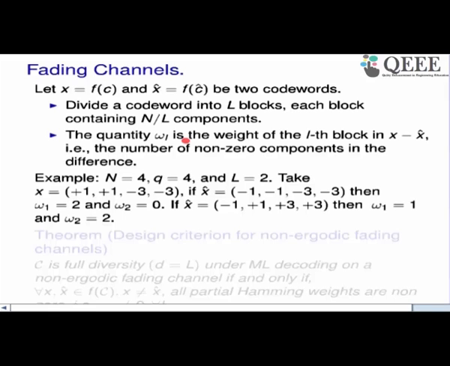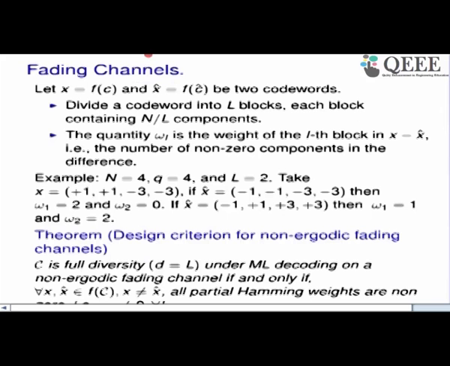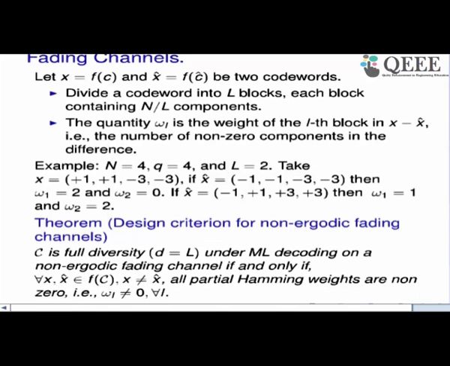With these 2 variations, we now have the design criteria for a non-ergodic fading channel. C has full diversity under ML decoding on a non-ergodic fading channel if and only if all partial Hamming weights are non-zero. Same argument that I explained while doing the ergodic channel case.